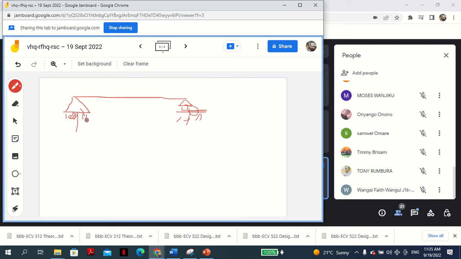So we've seen that this is VA. This is 67.5, and this is 22.5, and we have this is 3, this is 30.